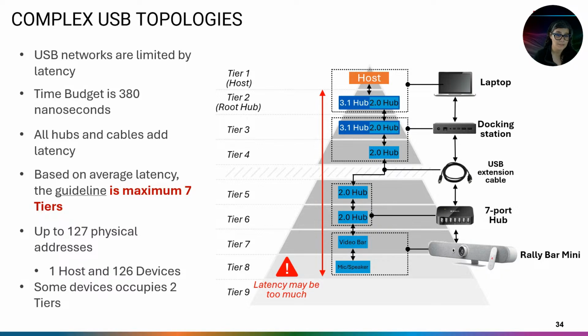And again, it has to do with that latency and the fact that some of these newer devices, especially with all the AI and all the different features, are taking up more of that bandwidth, more of that time budget. So you might be right at 7 tiers, but you're still seeing that erratic behavior.